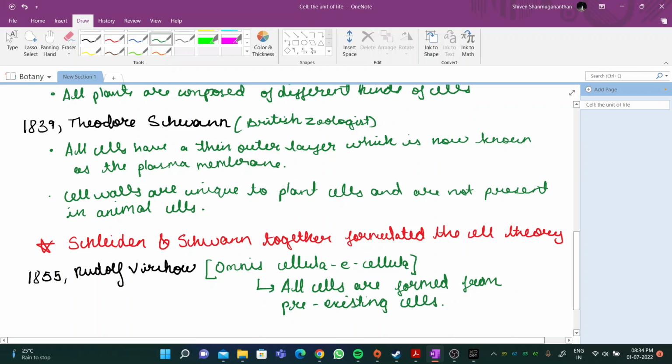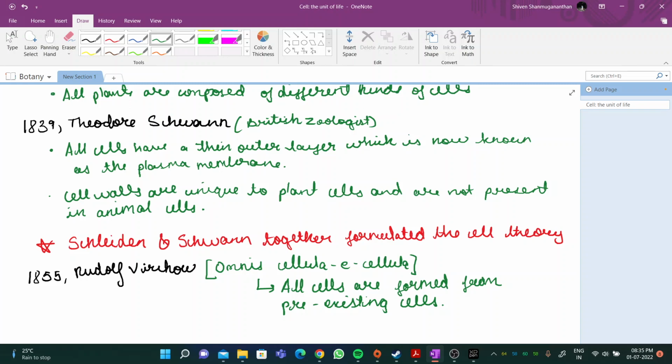Okay, so now that we have gotten that out of the way, I'll give you a short summary on cell theory. Cell theory says that all living organisms are composed of cells and its products. All cells arise from pre-existing cells, which was stated by Rudolf Virchow.